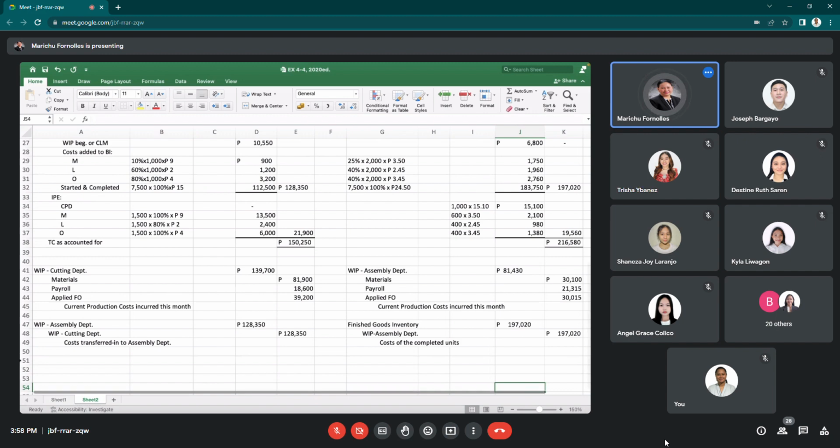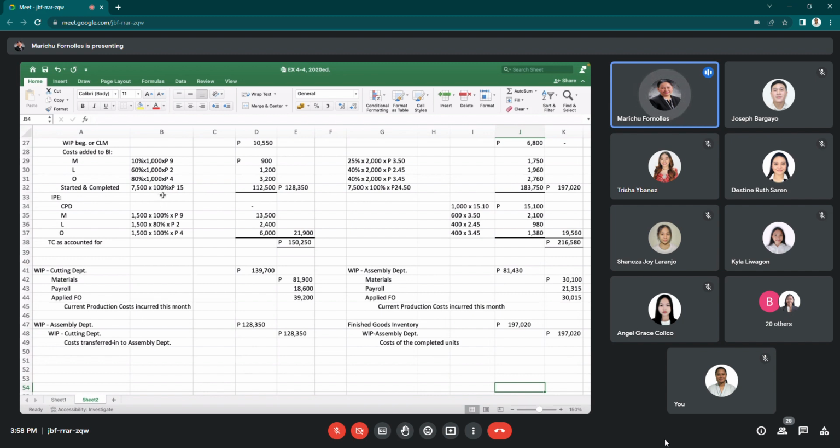So in the cutting department, on October 31, 2022, you make the entry to record the current production cost for the month of October for cutting department.